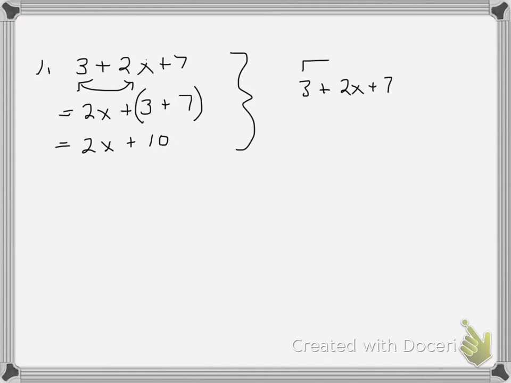Constants can be added to constants, but x's can only be added to other x's. For instance, if I had a plus 3x here, I could combine these also, but I don't. I don't have a plus 3x, so I can't combine the x's. But I can combine those.